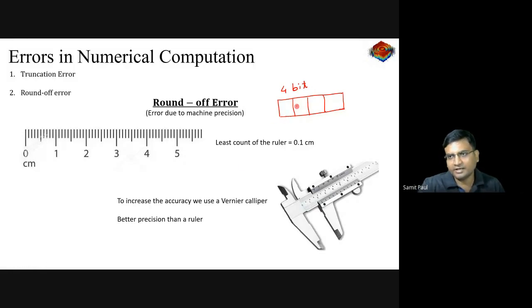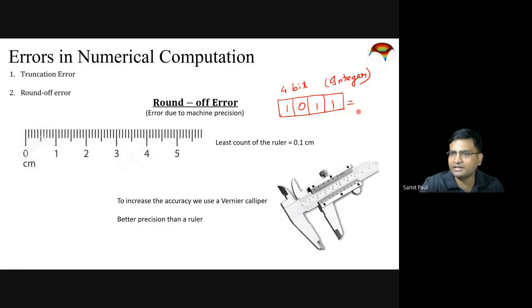So if I were to give a 4-bit number, it has a precision. It's, say, an integer, maybe 1 0 1 1, and it has a corresponding binary number.